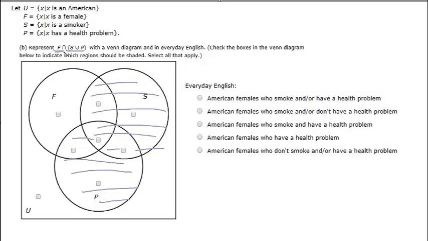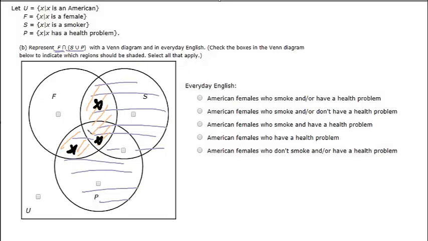Now this says with the intersection, it says that it also has to be female, so let me change my color, get another color here. So I want anything that's in S and P also has to be female, so it has to be in this realm too. So that would leave us with this one works, and this one works.